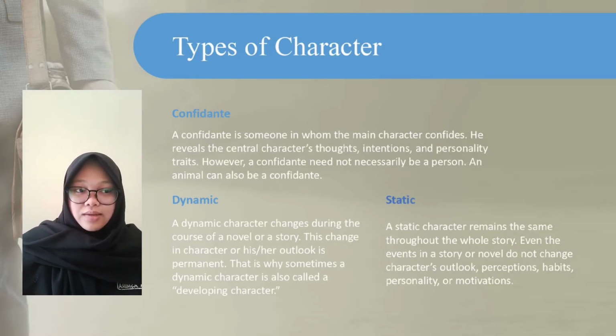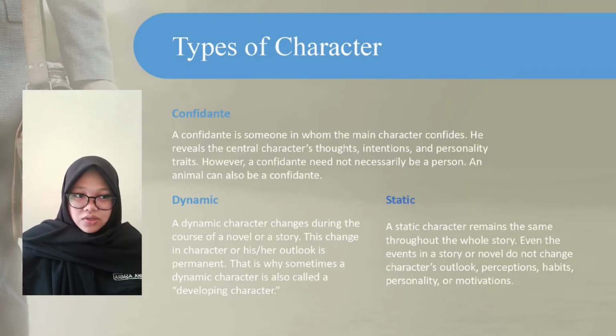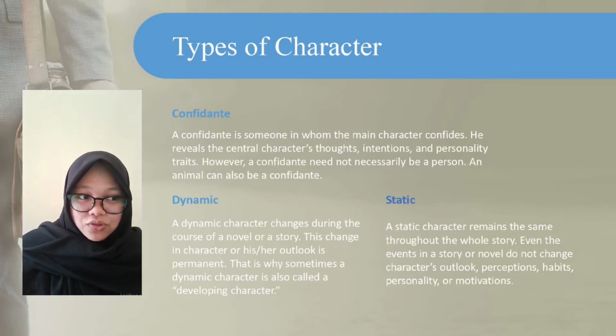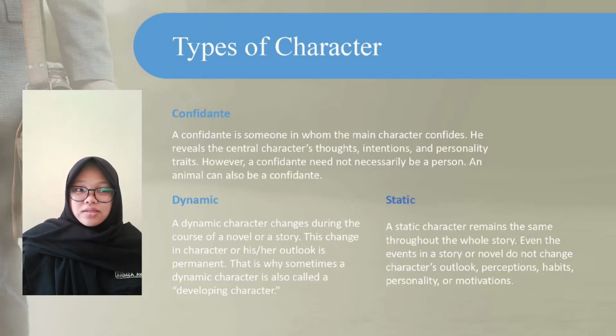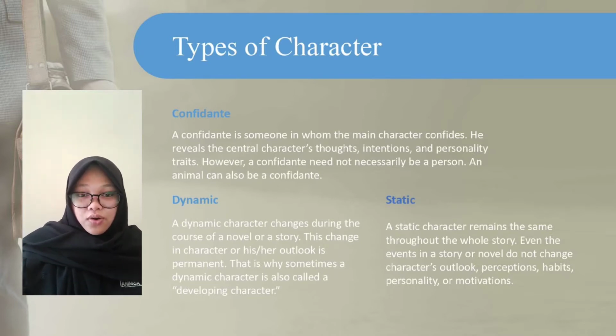Last is static. A static character remains the same throughout the whole story. Even the events in a story or novel do not change the character's outlook, perceptions, habits, personality, or motivations.